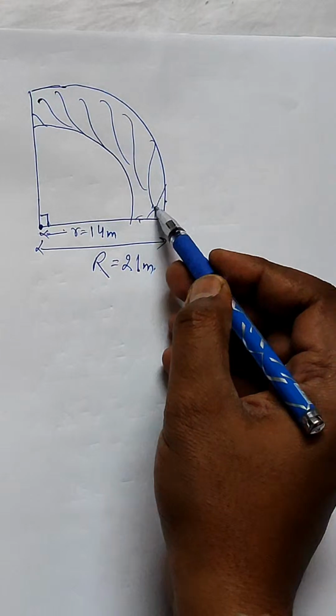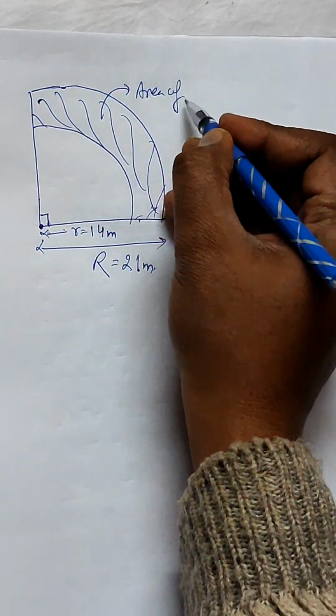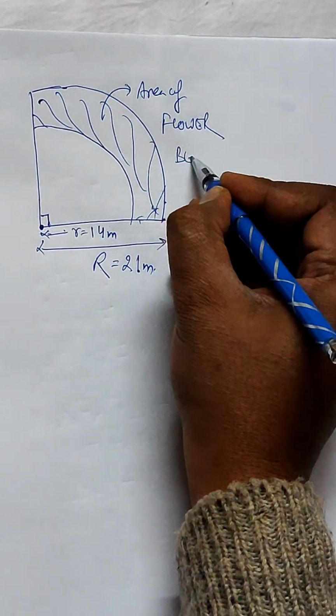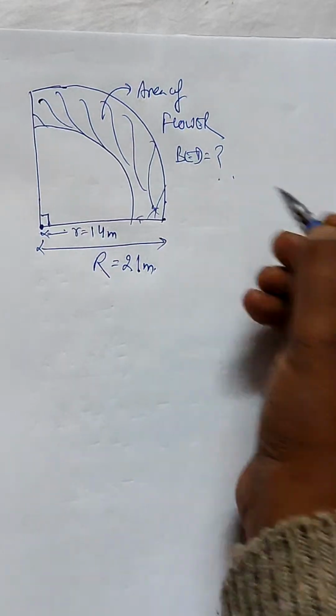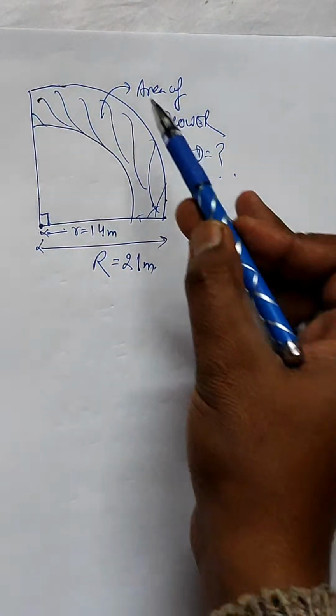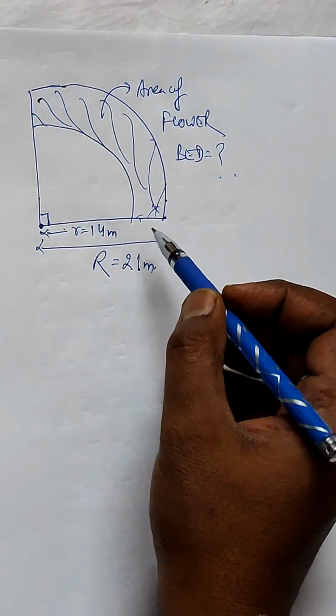Now we need to find the area of this flower bed. So how to solve such a question, students? Do you know? Just identify the shape which is given to you. If this is a sector, how are you knowing it?